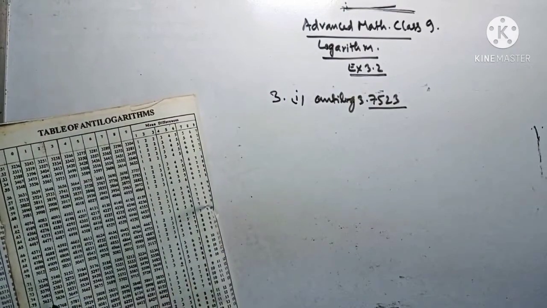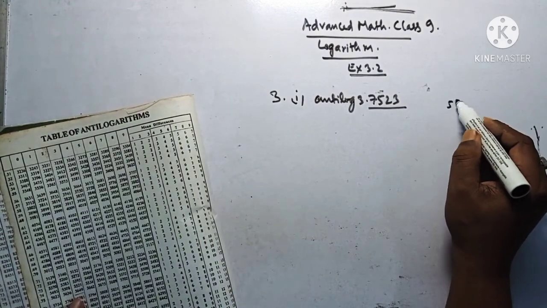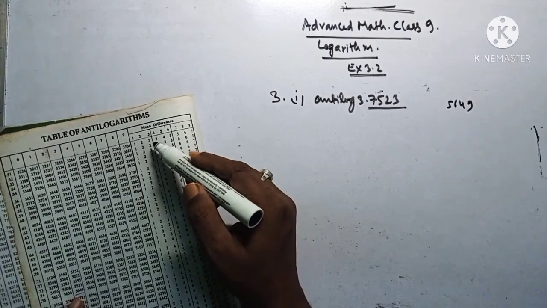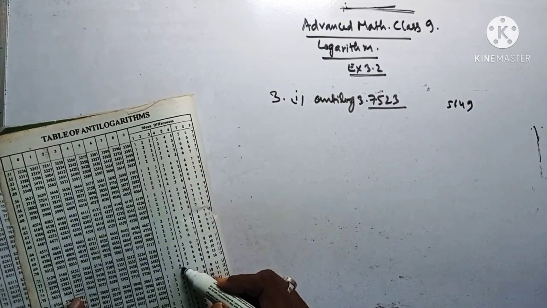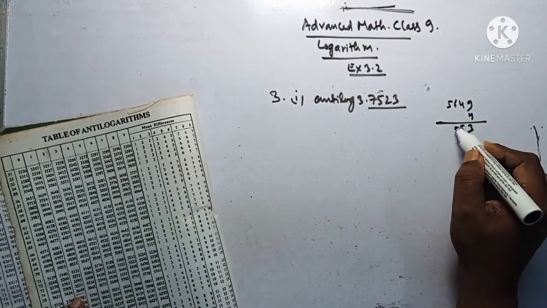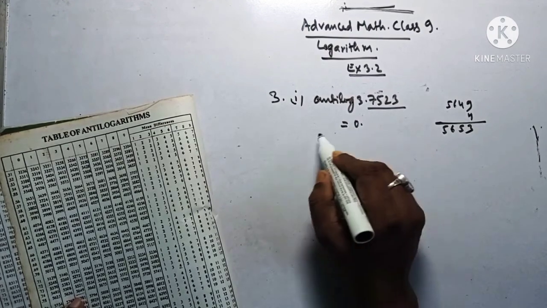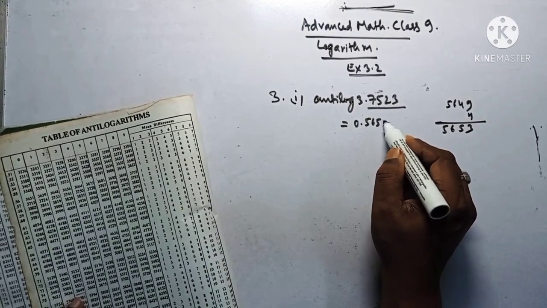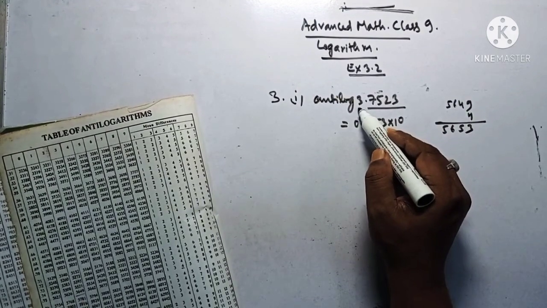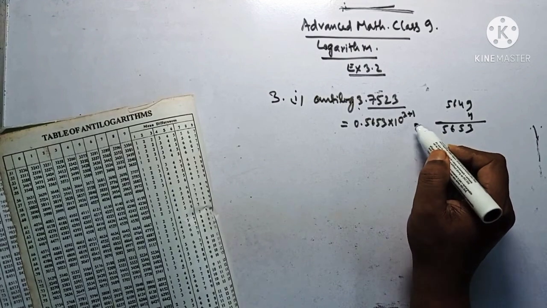See, 0.752, it is 5649, and 3 is your mean difference, and your mean difference is 4. So plus 4, this will be 5653. So this comes out to be 0.5653 into 10 to the power of, always remember this 3 is the characteristic, and 3 plus 1, always we add 1.